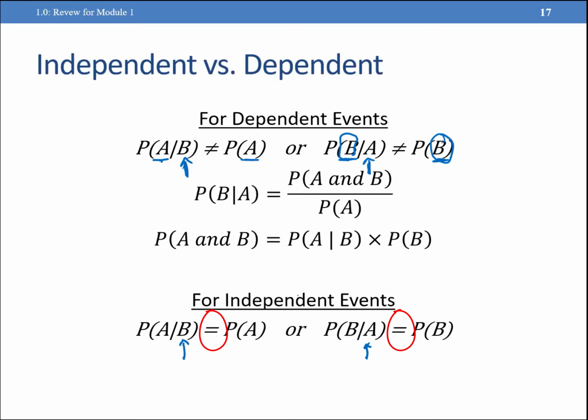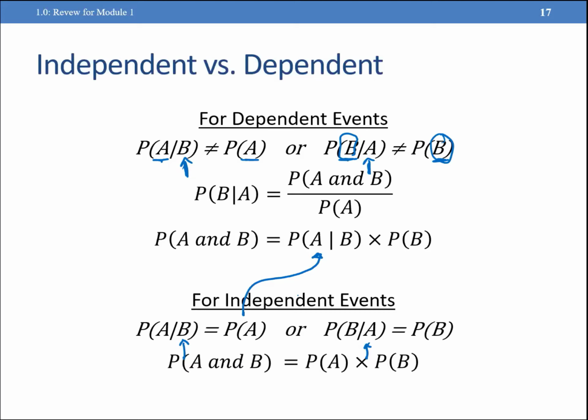So with that in mind, you can see that P of A is equal to P of A given B. So when we're dealing with independent events, the probability of A and B is the probability of A times the probability of B. This is only if you can show that it's independent. You have to be able to show that it's independent to do that, or have some evidence that they're independent events.